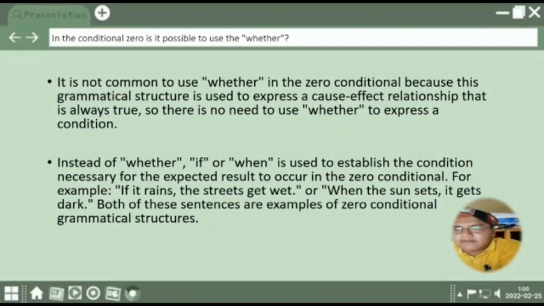Instead of if, when is used to state the condition necessary for the expected result in the zero conditional to occur. For example, if it rains, the streets get wet, or when the sun goes down, it gets dark. These sentences are examples of the zero conditional grammar structure.